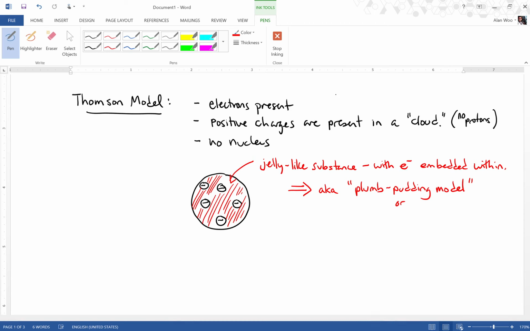Okay, now the American version of this is basically raisin bread. So in America, the plum pudding model, or Thomson's model, was also known as the raisin bread model. But we today know that this particular model of the atom is incorrect.